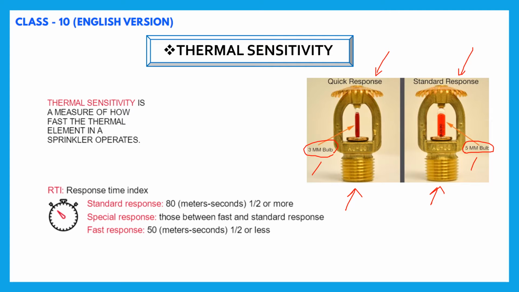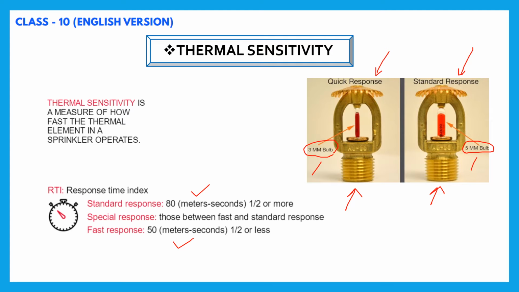For standard response, the RTI is 80 (m·s)^1/2, and for fast response or quick response, the RTI is 50 (m·s)^1/2, and for special response, the range is between fast and standard response.